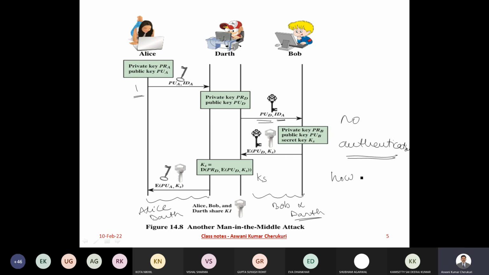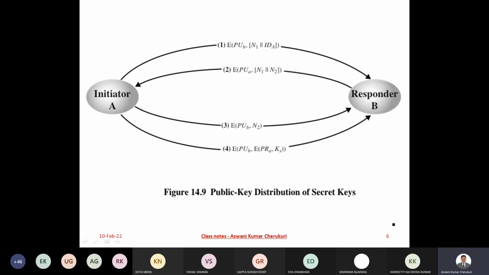So how to achieve confidentiality and authentication? We have discussed this while introducing the public key scheme. Now you notice this particular scheme. This is aimed at achieving confidentiality and authentication. Look at the first step.